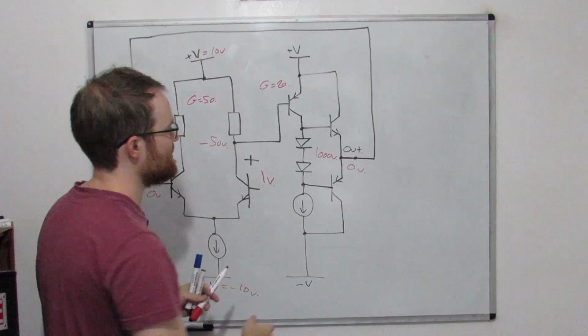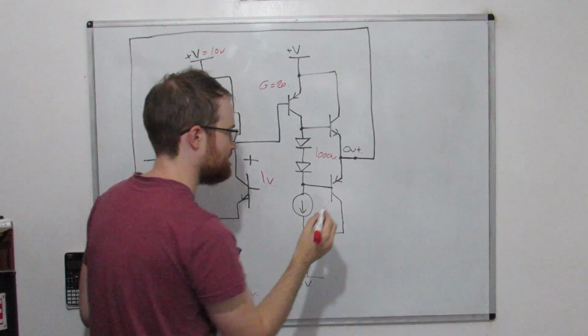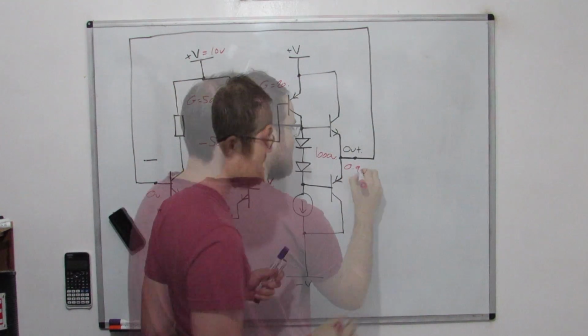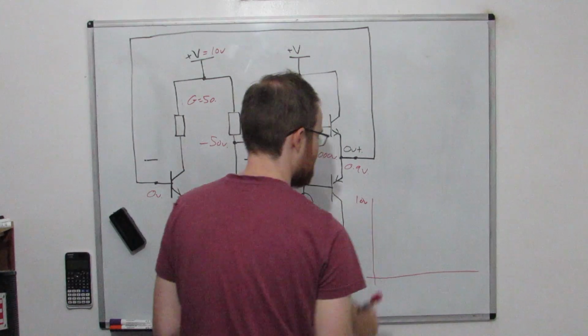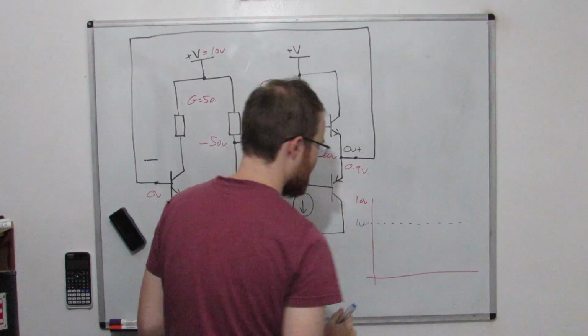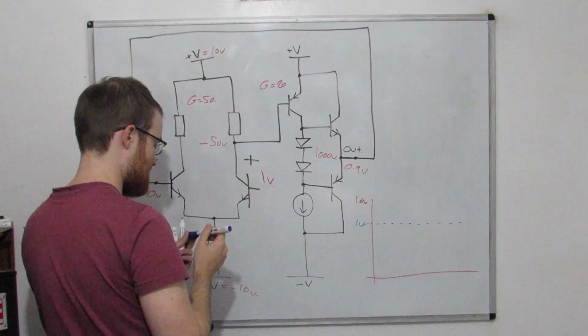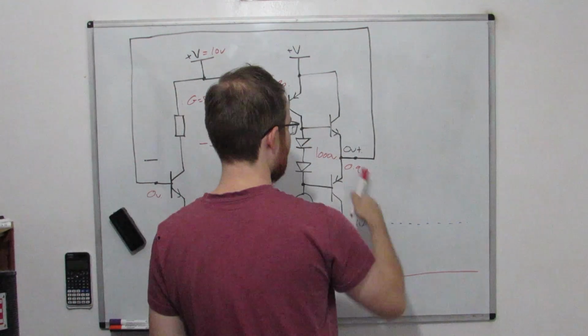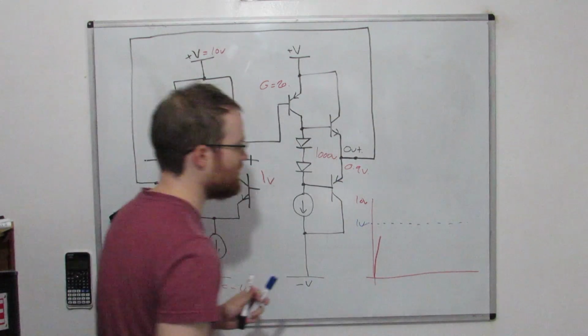What's going to happen is this output is going to get to 0.9 volts, let's say. If I draw this on a graph, this is our 10 volts power supply. That's going to be 1 volt. So this is what our non-inverting input is at. And so we've gone up, we're going towards 10 volts, and we've gone up to 0.9 volts.